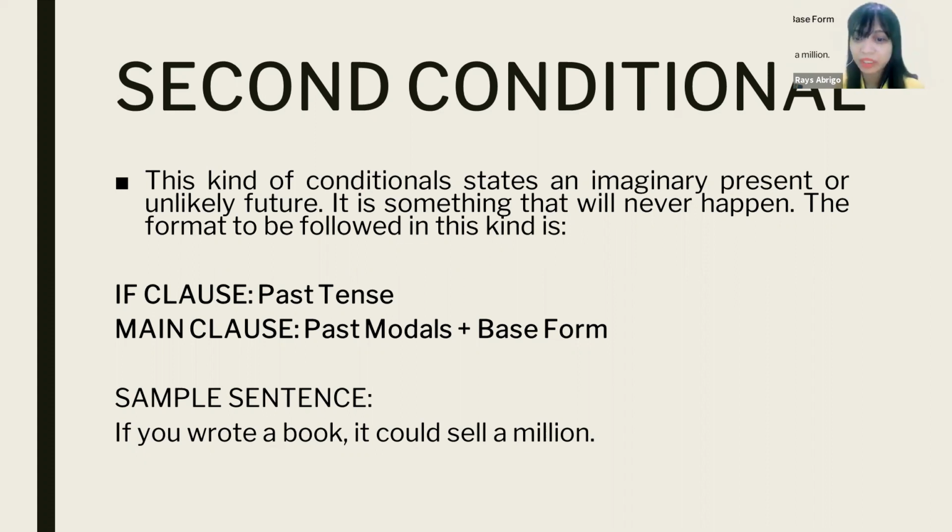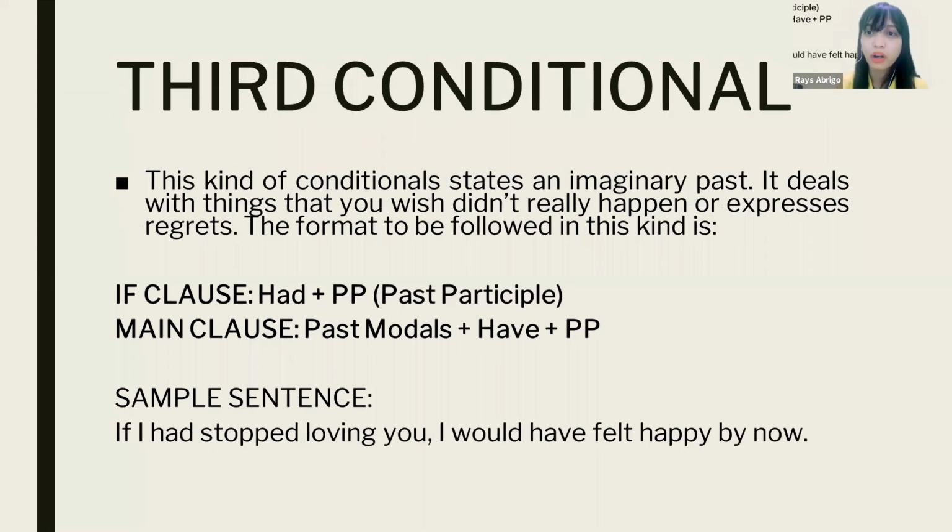And lastly, but not the least, we have what we call the third conditional sentence. Now, this one states an imaginary past. It deals with things that you wish didn't really happen, or expresses regrets.